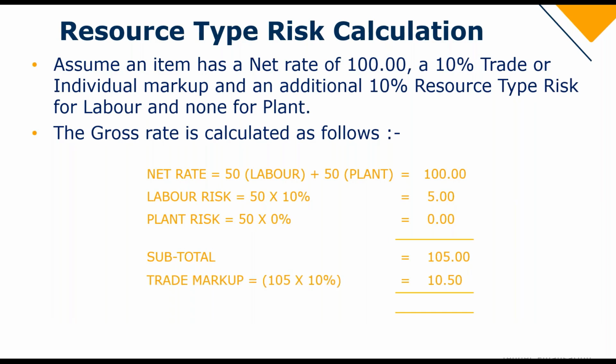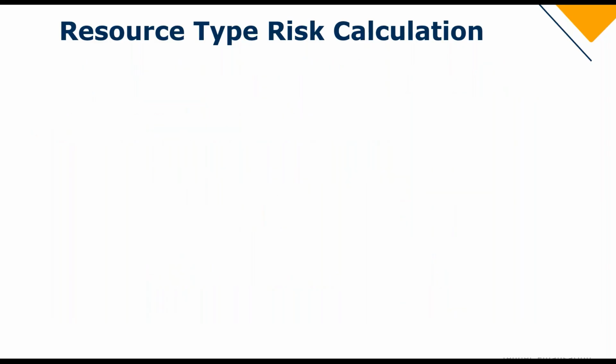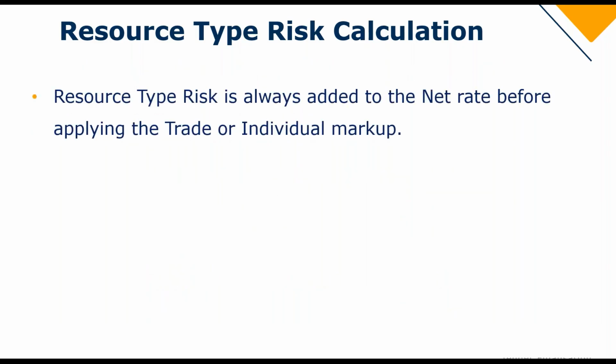And then your trade markup gets applied. So my 105 multiplied by 10% gives me 10.50. That gets added together to give me a total of 115.50. Okay. So the resource type risk is always added to the net rate before applying the tender trade or individual markup.